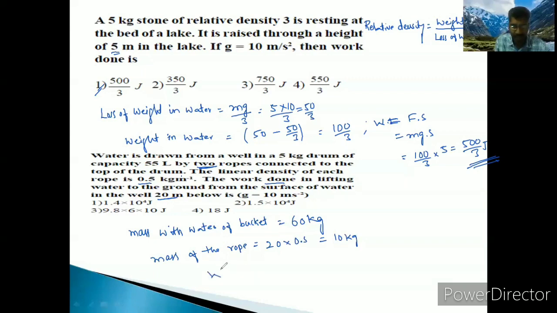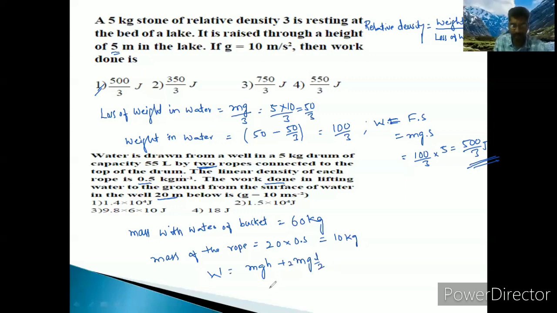Now we need to find out the work done. So work done, first for the bucket, means mgh we can write. Next, the rope. How can we write? Center of mass at L by 2 length means mg L by 2. How many ropes are there? 2, we can write.